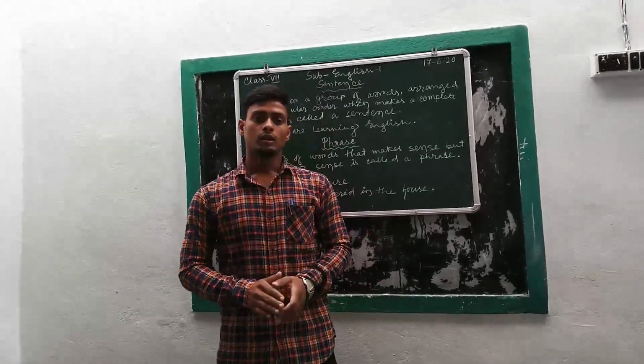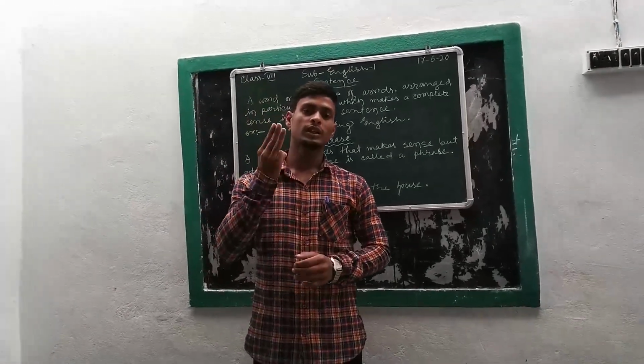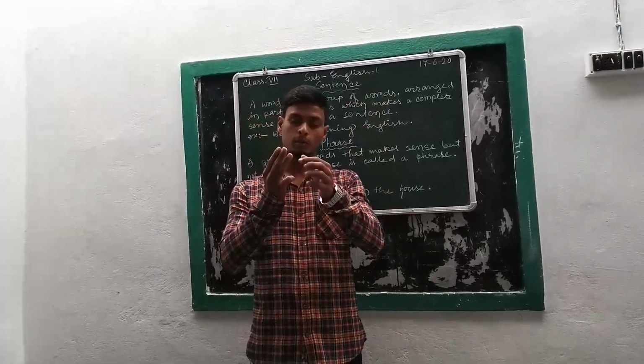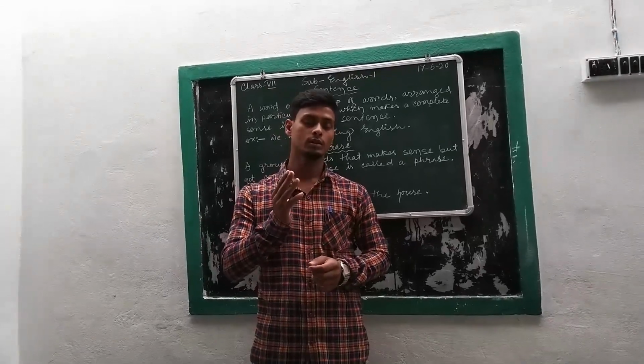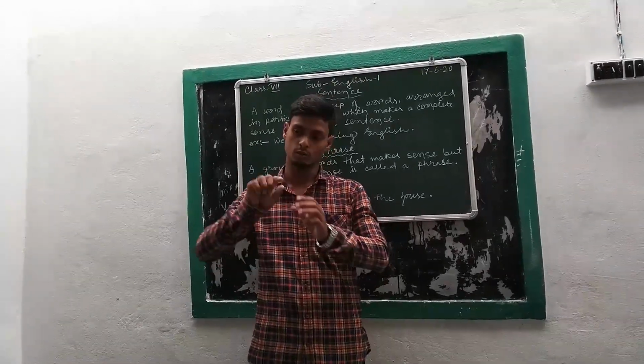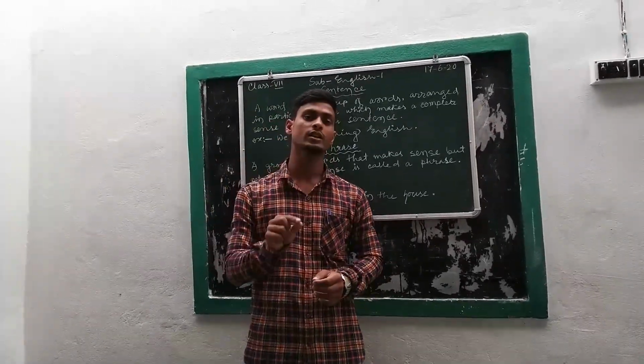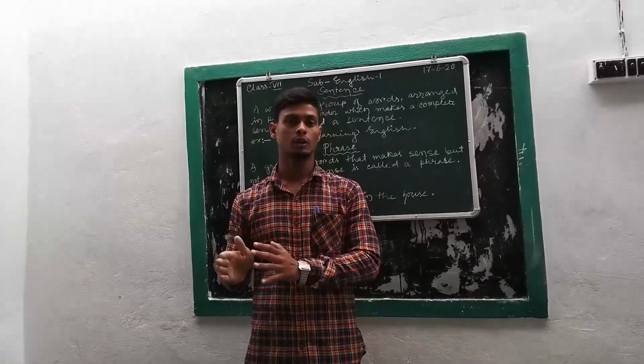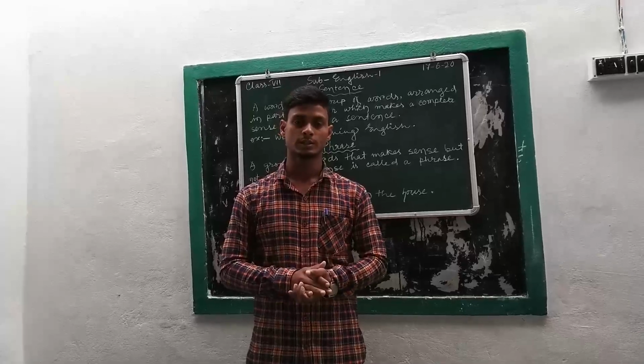Remember, easy to remember, only 3 steps you have to remember for learning sentence. Number 1 step: to make a sentence, you must take a word, minimum a word. Without a word, you cannot make a sentence.